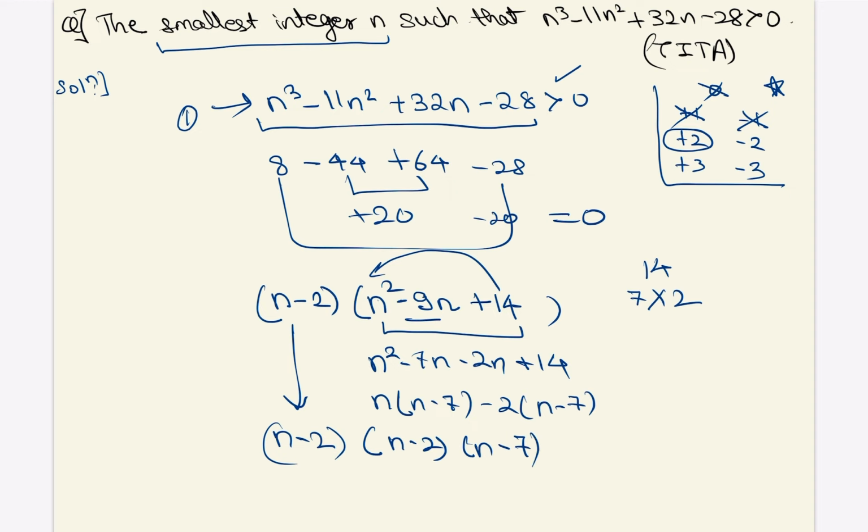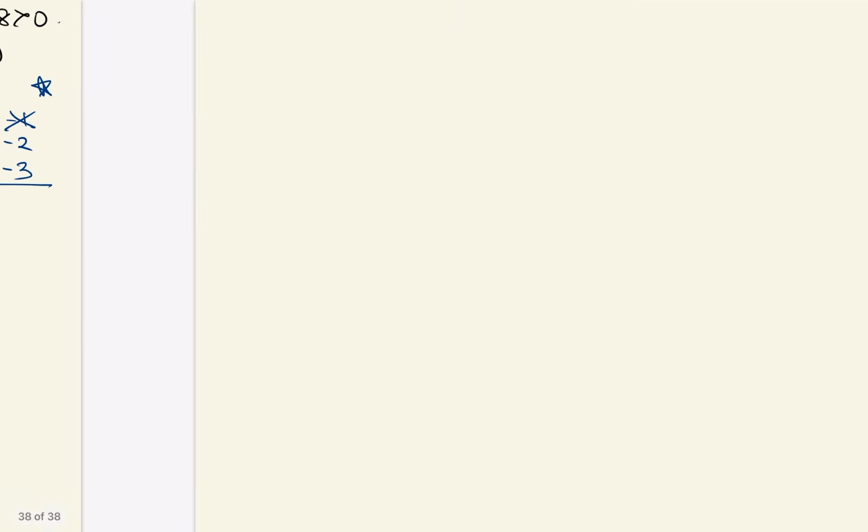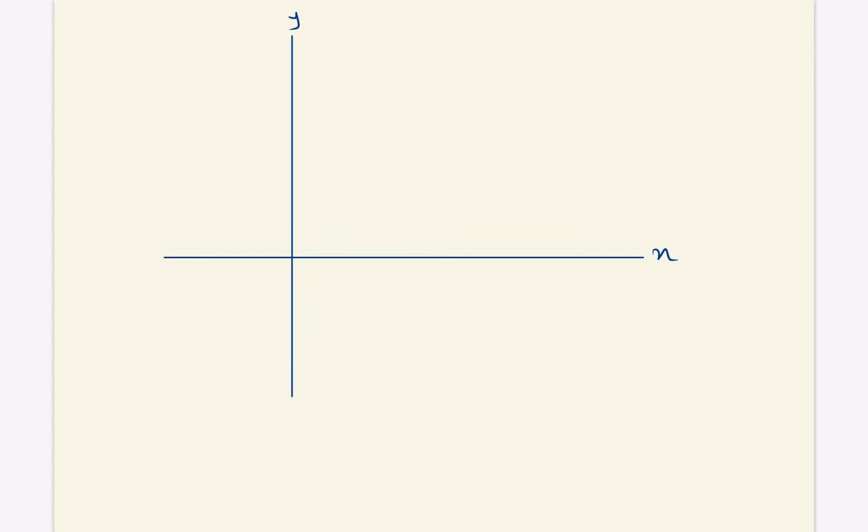Now one more concept that I would like to discuss here is the graphs. This is my Cartesian coordinate system. Let's say this is my y-axis and this is x-axis. One root is 2, one root is 7, and the third root is again 2. So what happens is, when in an equation there are repeated roots, the graph just touches that point on the x-axis and goes back, right?